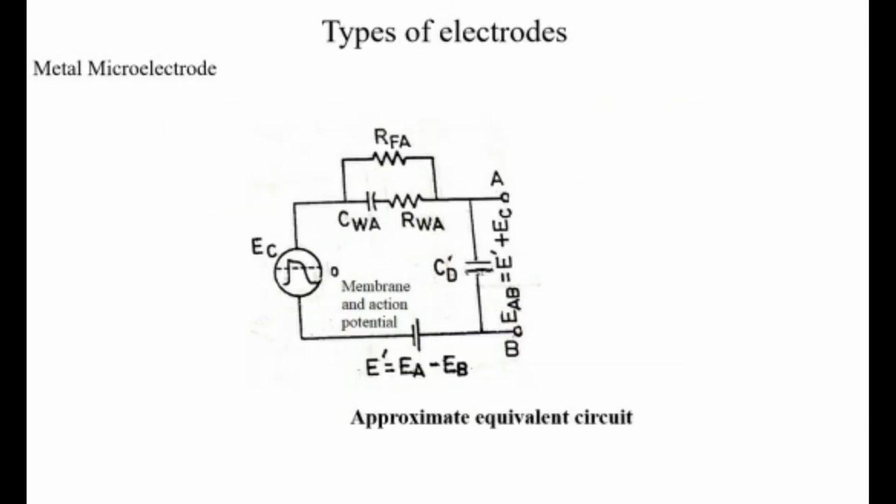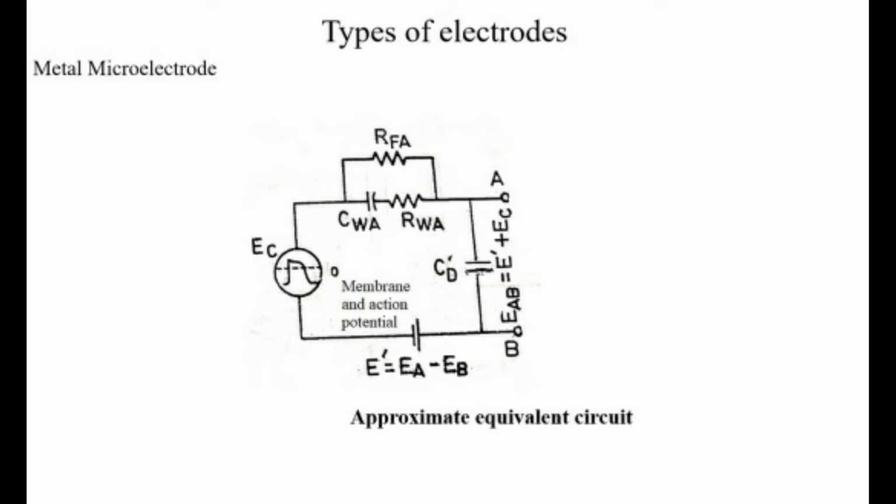The equivalent electrical circuit can be approximated as shown in the diagram. Since the area of the reference electrode is many times greater than the metal electrode's tip, whose area of cross section is very small, its impedance is negligible.